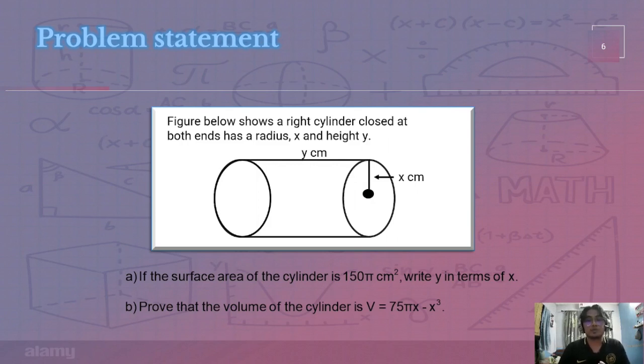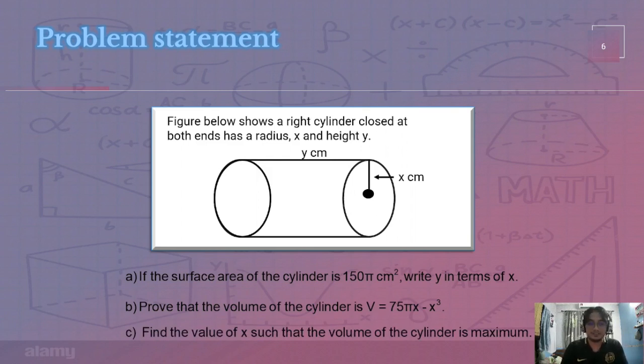In this question, we need to prove that the volume of this cylinder is 75 pi S minus S cube. For the last question, C, find the value of S such that the volume of this cylinder is maximum. In this question, we need to find the value of S, which is the radius of this cylinder.